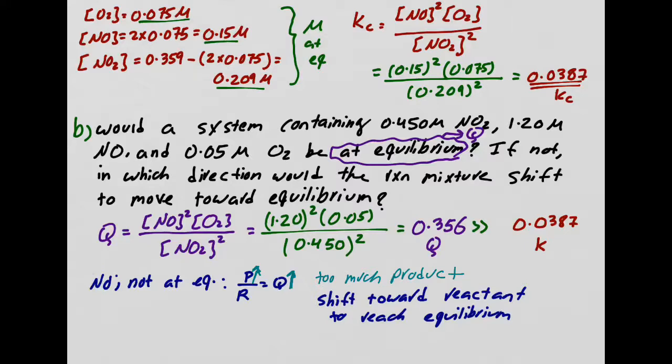If you have too much product, to balance this out so you can reach the K, you have to form more reactant. So it has to shift towards the reactant, so that I would have more reactant, and this would come down and match up my K value.